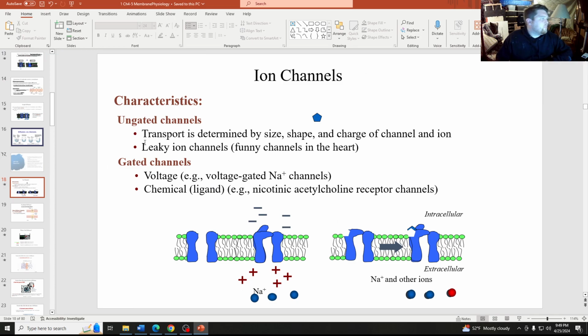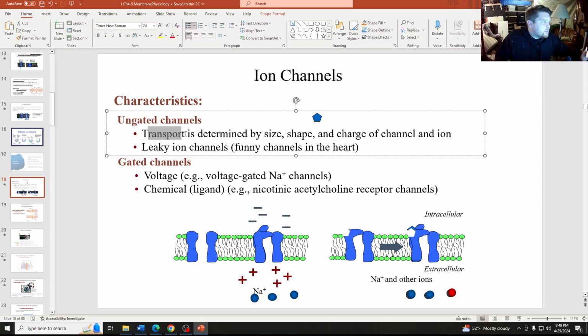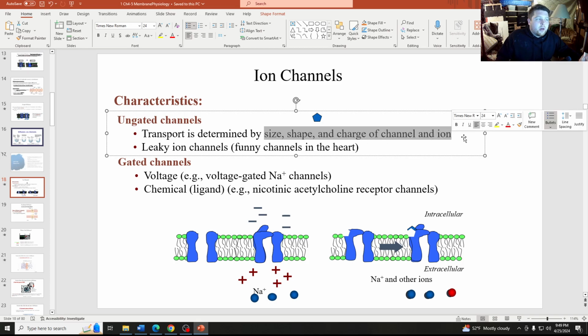So we have ungated channels, where this is a channel that's ungated, it's unblocked, it's always open, letting things pass through whenever they want to. With these ungated channels, the transport or the crossing of material is determined by the size, the shape, and charge of both the channel and the ion.